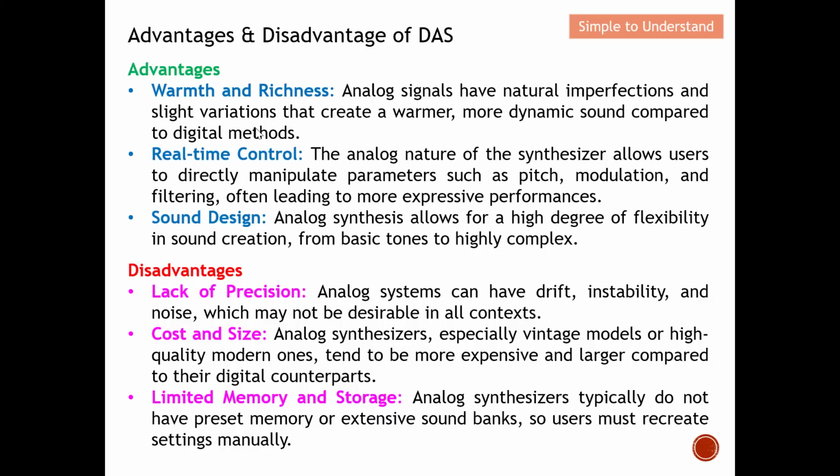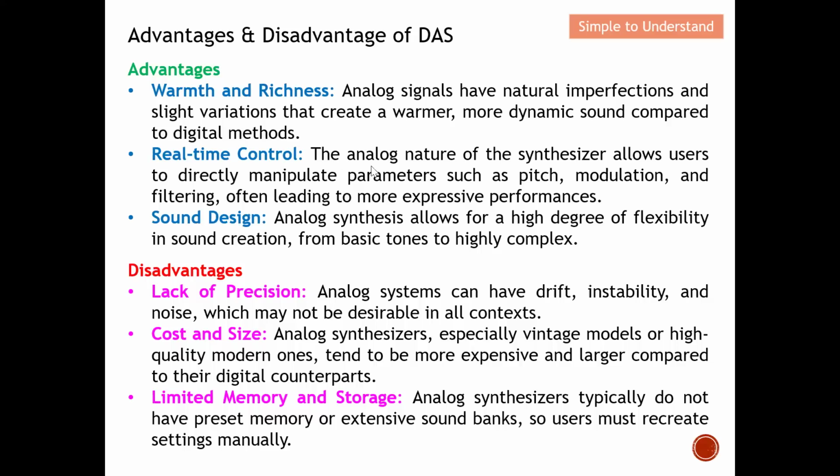As I mentioned earlier, this DAS is still widely used in the music world because it's not perfect. You can't have a transition from 0 volt all the way to 5 volt instantly. You need to have some time. Because of this imperfection, the music sounds very real. Thereafter they create a warmer, more dynamic sound. Therefore, the music world will still be using this DAS.